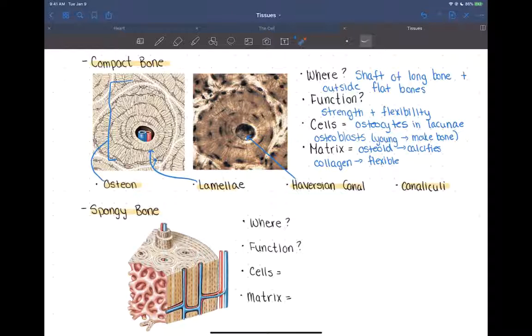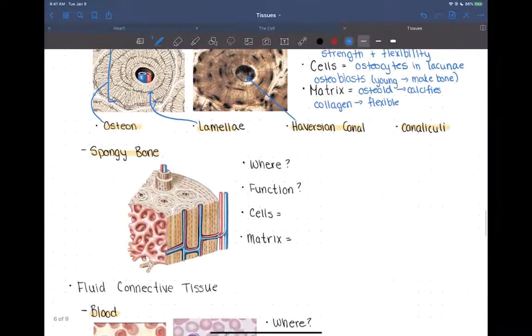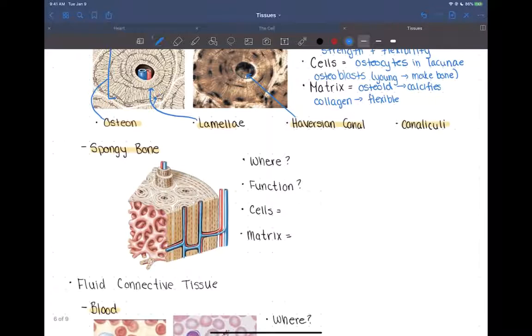All right, then we also have spongy bone. Spongy bone is going to be found on the ends of long bones, and then the middle of flat bones.